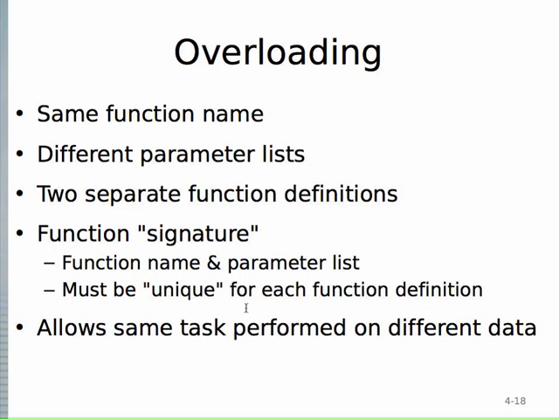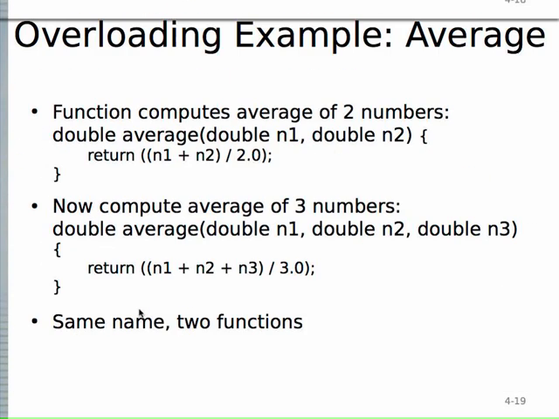And so what this allows is you allow the same task to be performed on different data. So for example, let's say you have two functions called average. One has 2 inputs, one has 3 inputs. Right? That's typically how you use overloading. That is, you have different data that's passed into a function with the same name.